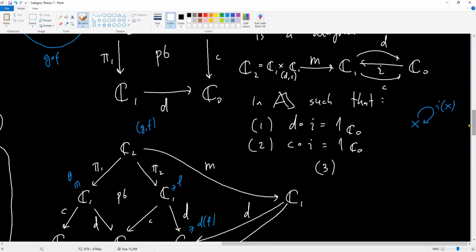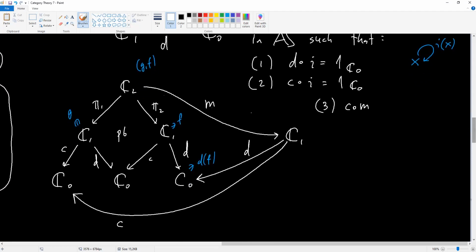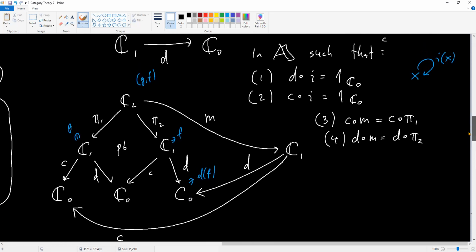And so 3 says that C composed with M, so that's this composite, equals C composed with Pi1. And number 4 says that D composed with M equals D composed with Pi2. Okay.